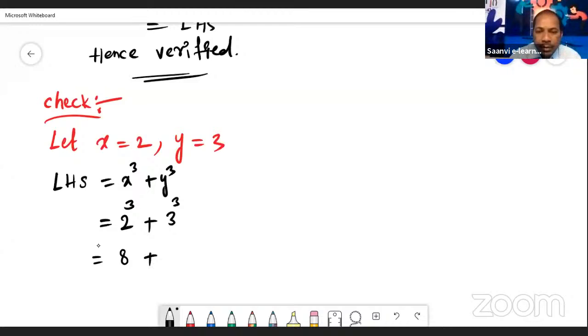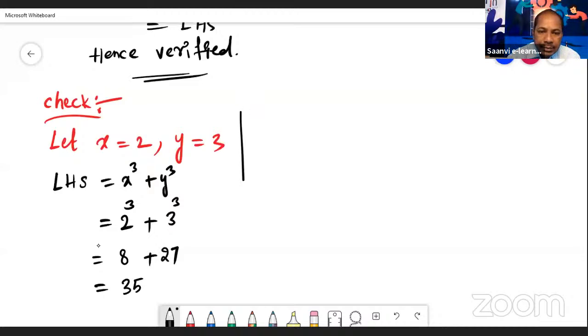Plus 3 cube, 3 multiplied 3 times, 3 into 3 into 3. 3 3s are 9, 9 3s are 27. So what is 8 plus 27? 35. 8 plus 27, we have got 35.